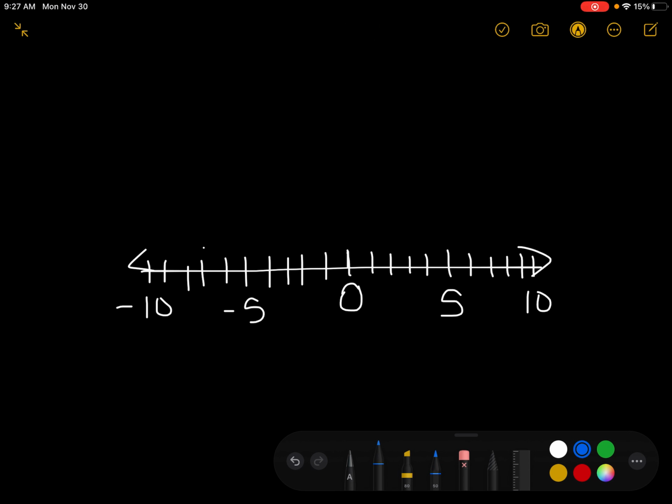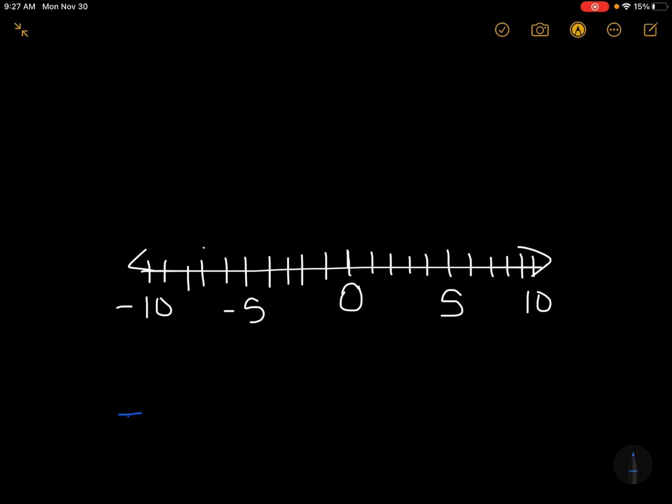So say for instance we are asked to put the numbers -7, 8, -1, and 5 onto our number line. We can go ahead and do that by looking at the indicators that we've been given.